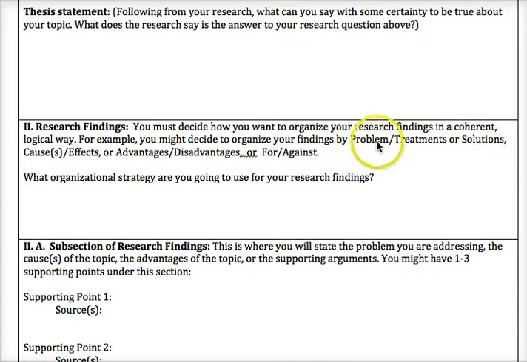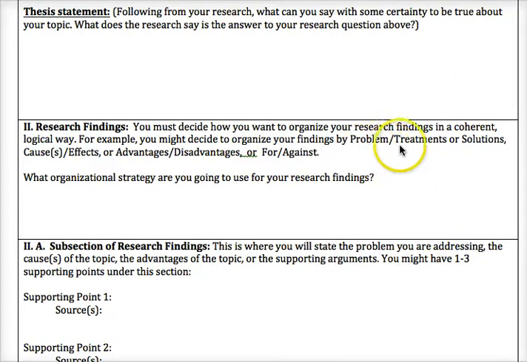So if the problem is drug abuse, that's going to be one part of my research findings, and I'll find information on, in Canada, is drug abuse a problem in certain demographics, etc. I can include that in my paper, but I'm also going to find information about harm reduction strategy as a potential treatment or solution. So that'll be in another section of my research findings.